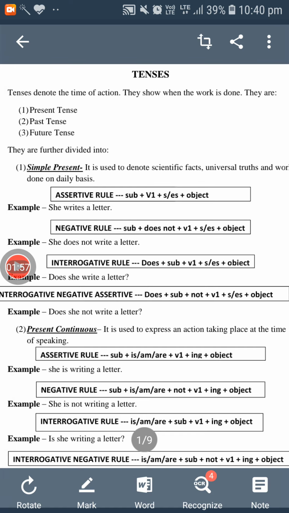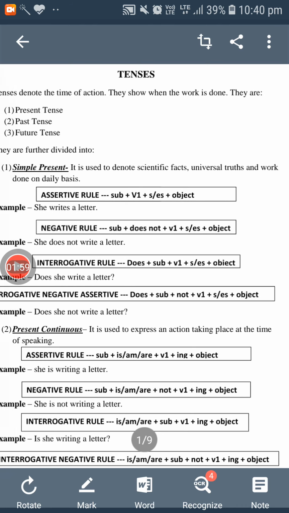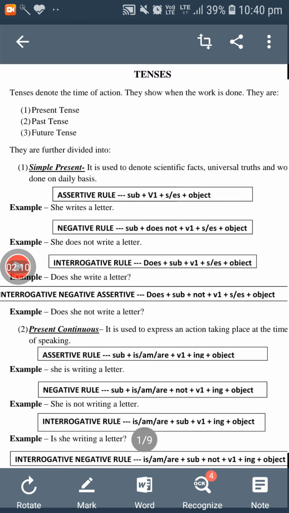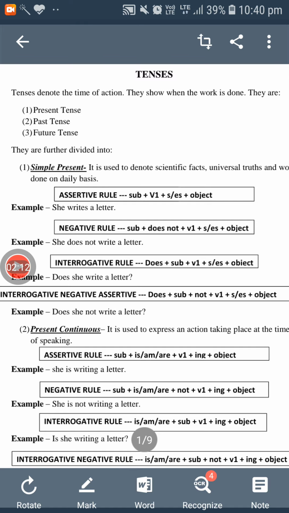Then comes present continuous tense. It is used to express an action taking place at the time of speaking. The assertive rule is subject plus is, am, are plus v1 plus ing plus object. We can make the negative sentence also by using subject plus is, am, are helping verb plus not plus v1 plus ing and object.